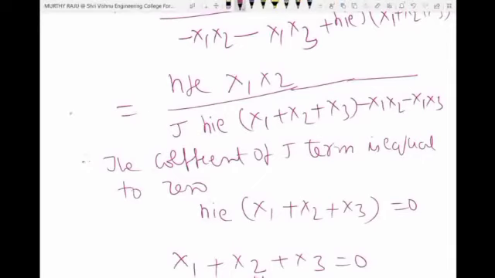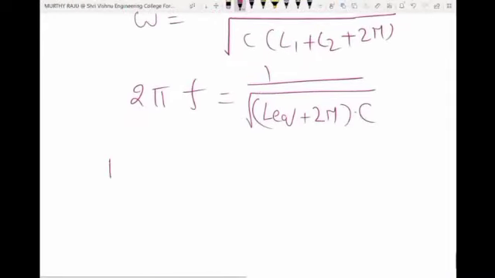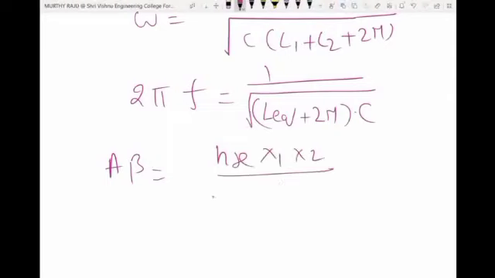Once the j coefficient is 0, the remaining A beta is equal to h of e x1 x2 by minus x1 x2 minus x1 x3. After the frequency of oscillations is determined, the remaining term A beta is equal to h of e x1 x2 by minus x1 x2 minus x1 x3.